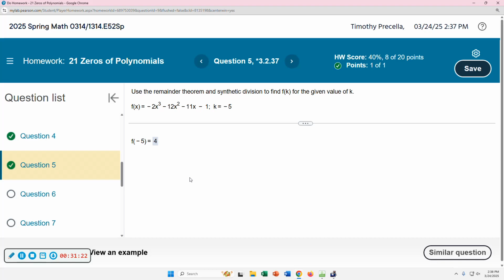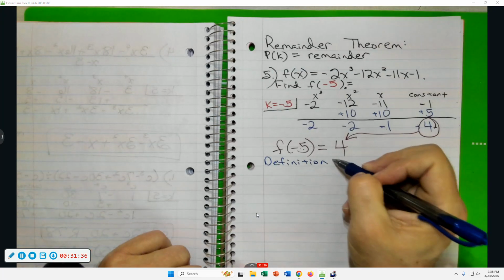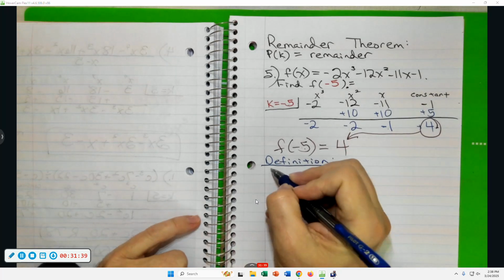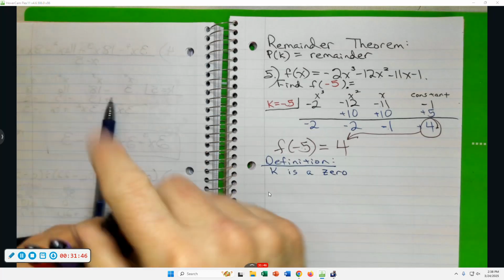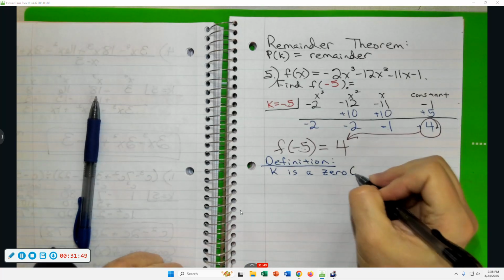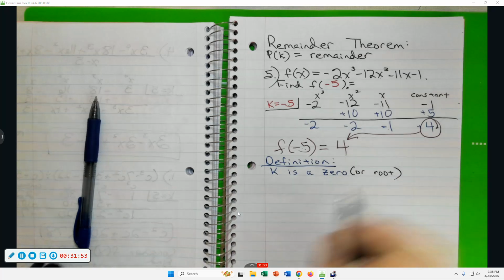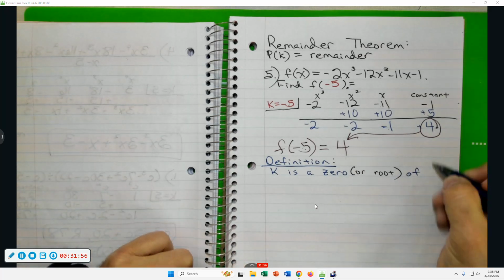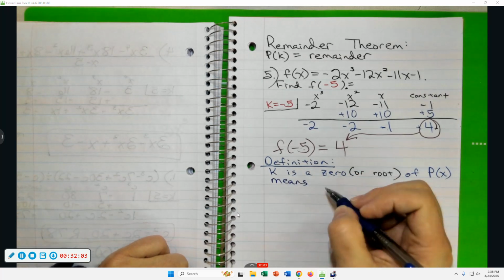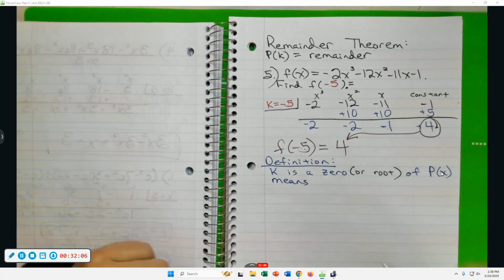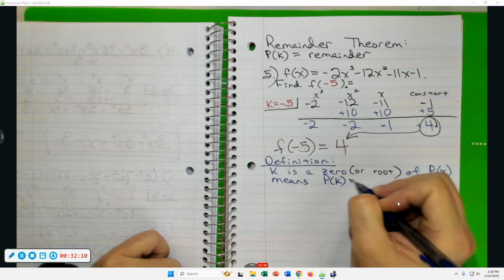Let's keep going. Okay. Some definitions. The number k is a zero, that's the name of this assignment, or in parentheses, they used to be called roots, of the polynomial function p of x, means that if you take that k value and plug it into the function, you're going to get 0.